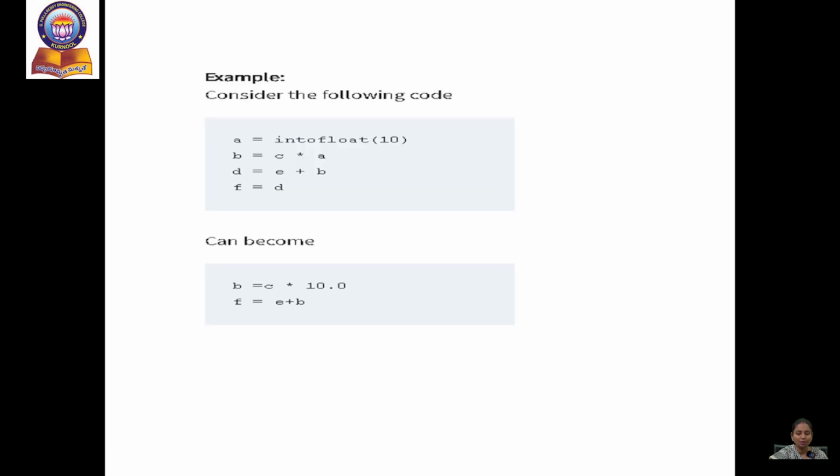Let's give an example for this. Suppose we have a few statements, to identify how these 4 lines of code have been optimized into two statements. So we have a is equal to int to float of 10. It is an integer value in the statement, but it has been converted into a float, and b is equal to c into a, and d is equal to e plus b, and f is equal to d.